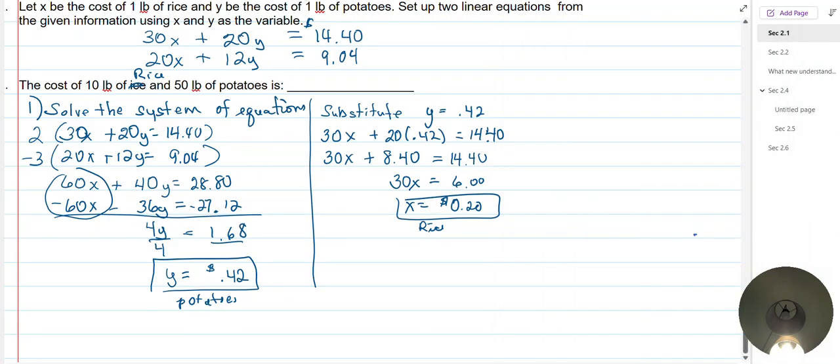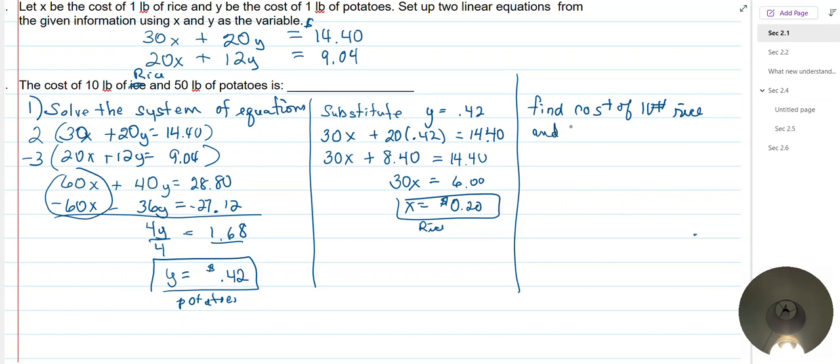So now we're going to find the cost of 10 pounds of rice and what do we have? 50 pounds of potatoes. All right.